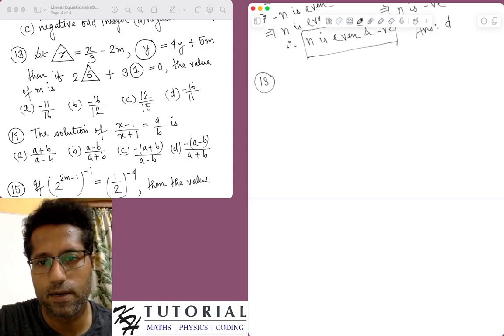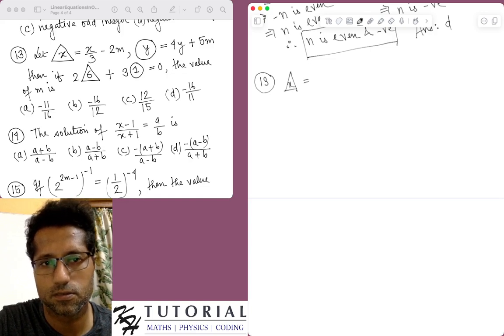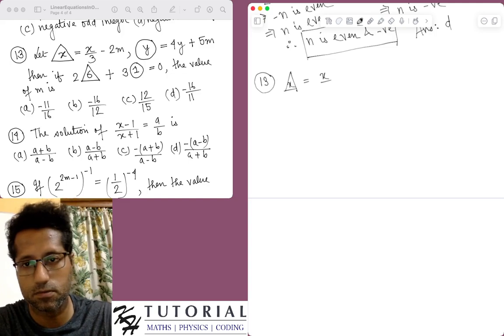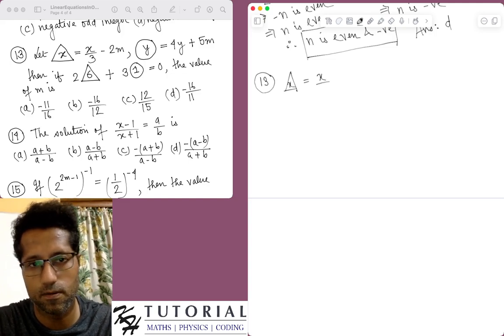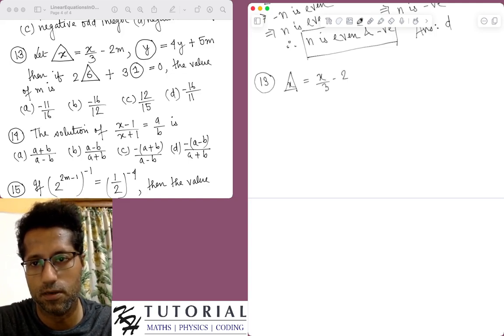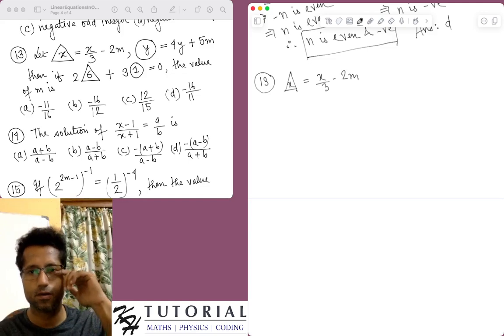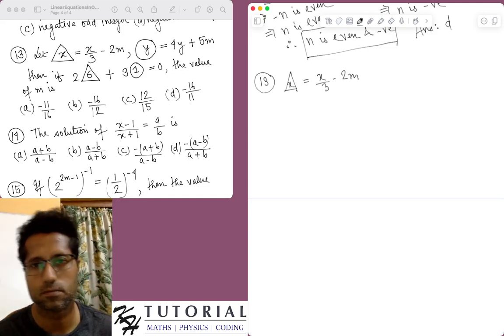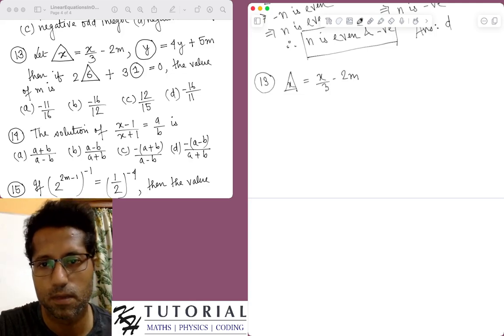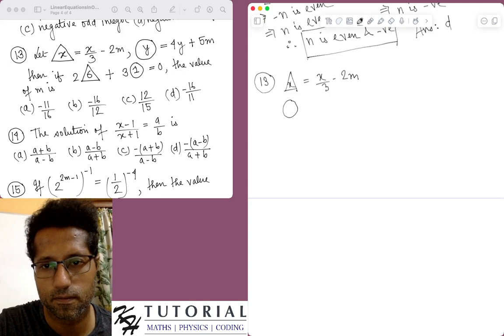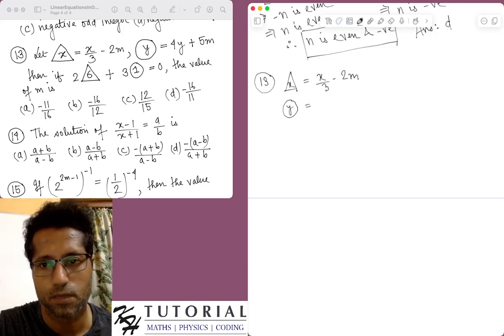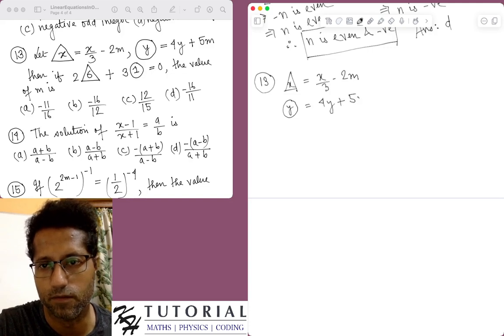So it is given that a triangle x is x by 3 minus 2m, which is a linear expression in terms of x. So the triangle with x inside represents the linear expression x by 3 minus 2m, and the circle with y represents the linear expression 4y plus 5m with the variable y.